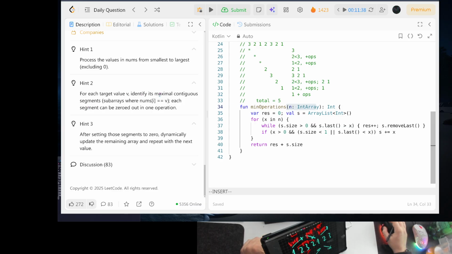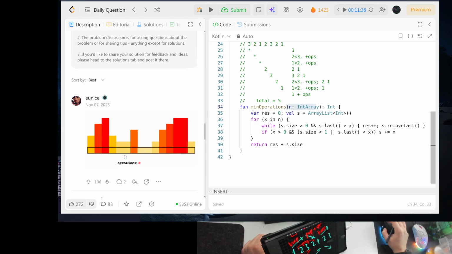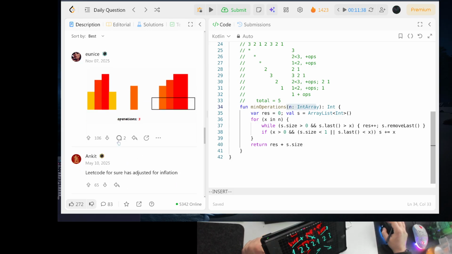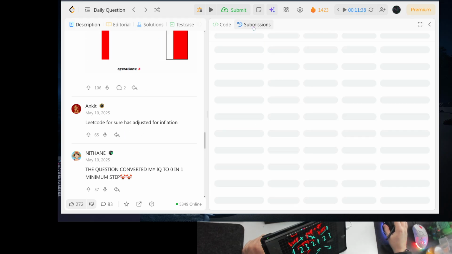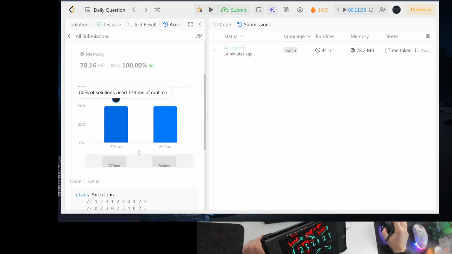Then for each they want a maximum of segments, this kind of brute force solution. I don't understand what the hint is about.